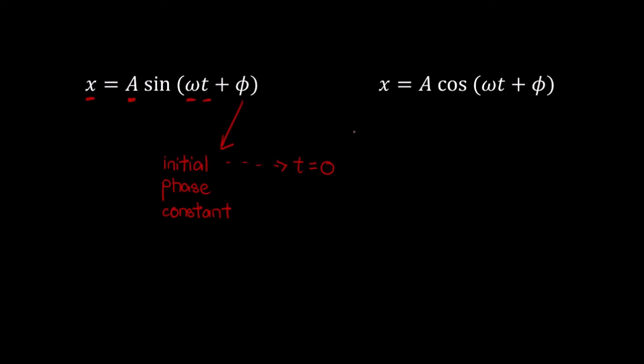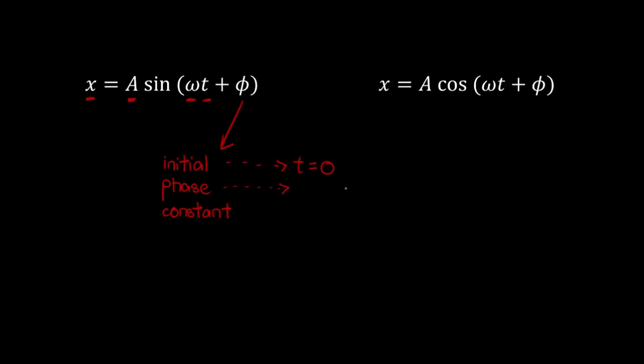If we all start from the equilibrium, or from the maximum displacement, we don't need phi. I mean, you can still have phi, but the most useful purpose of phi is to represent the general situation where you start differently.